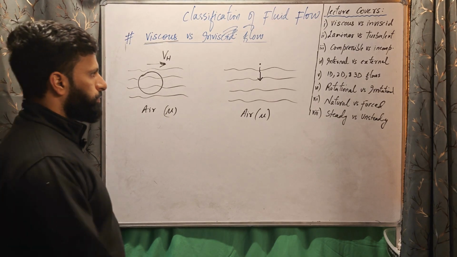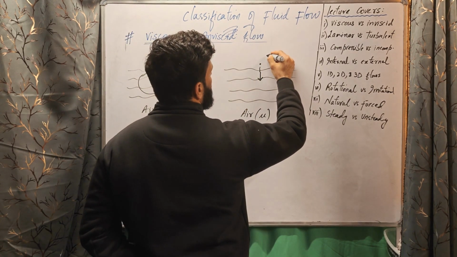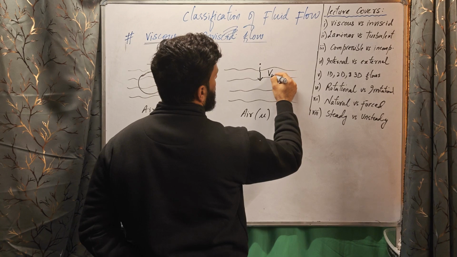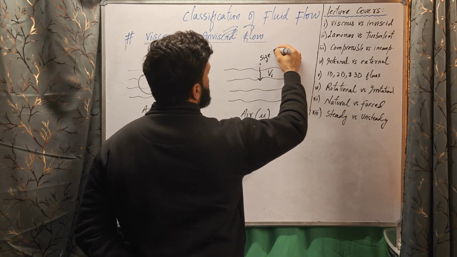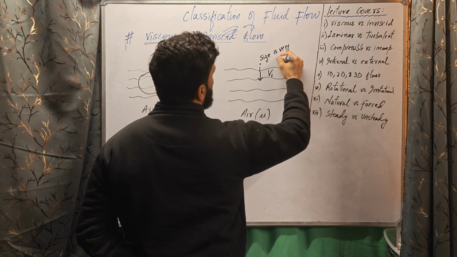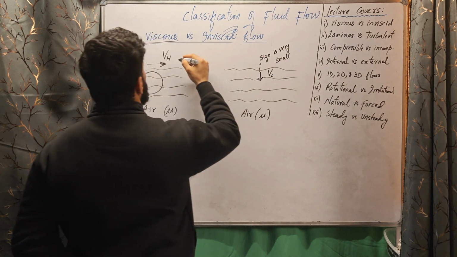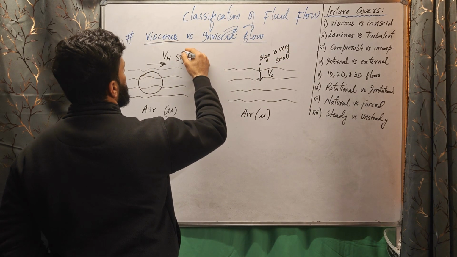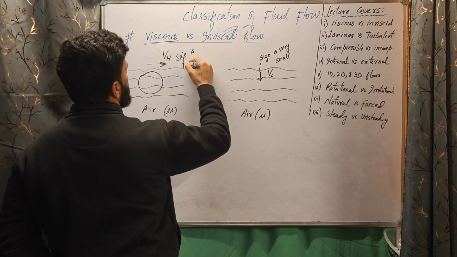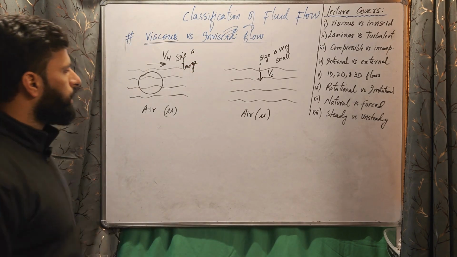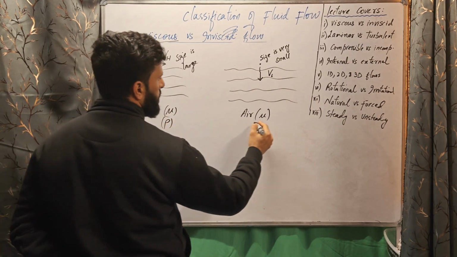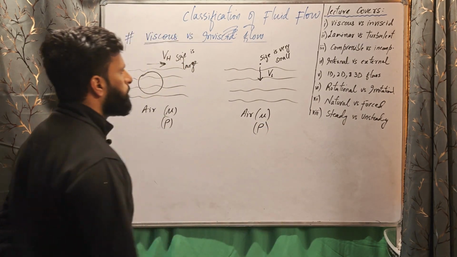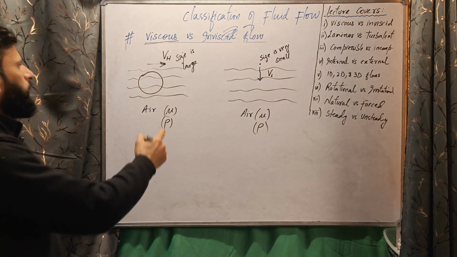So velocity is very low and size is small; in the other, size is large. Fluid properties are the same, density is the same, since here it is air and here it is air as well.